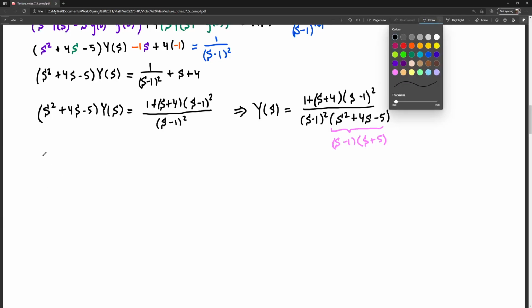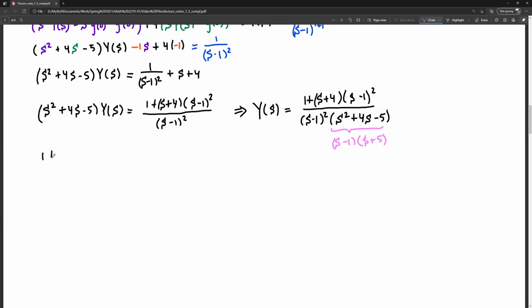I will leave the details to you, but we have 1 plus s plus 4 times s minus 1 squared over s minus 1 cubed times s plus 5. It will be broken down as follows.